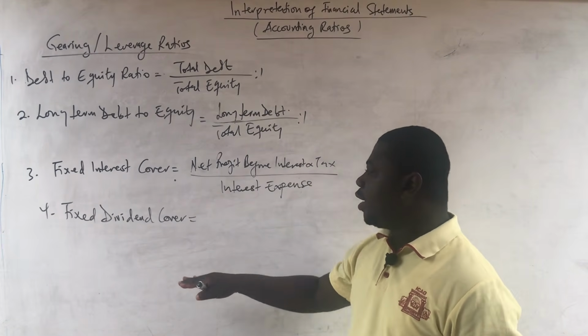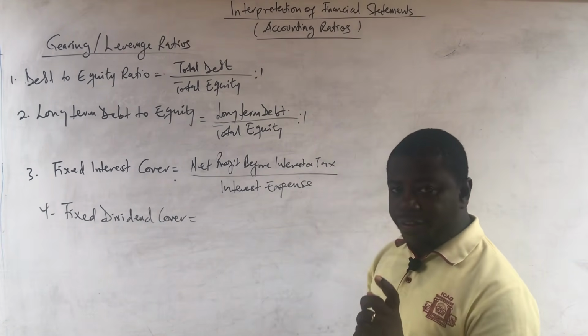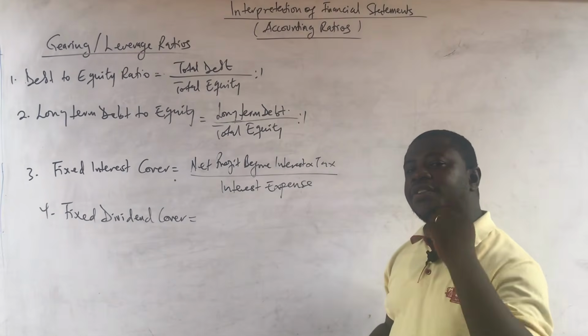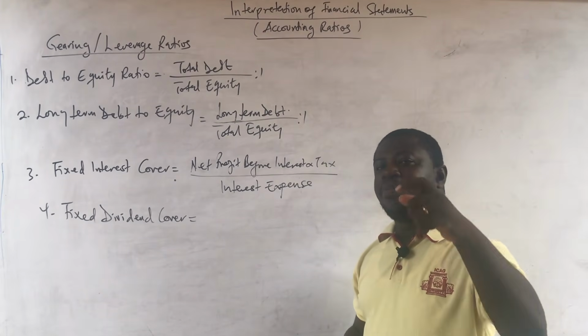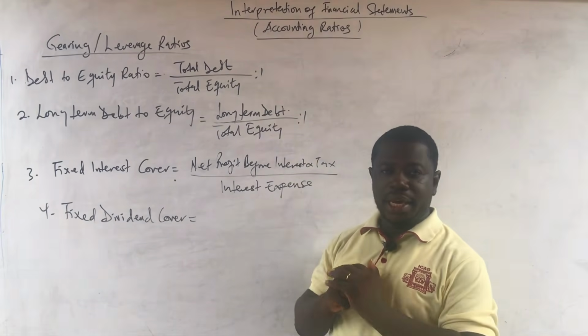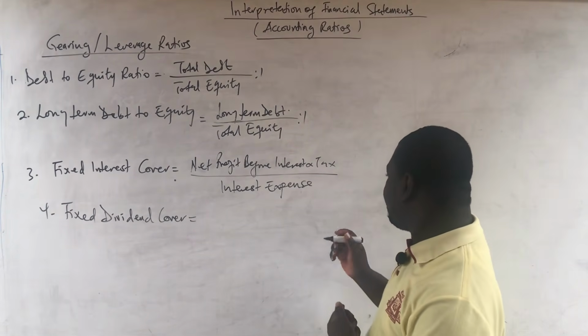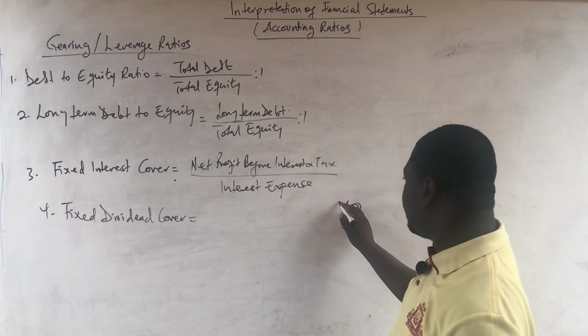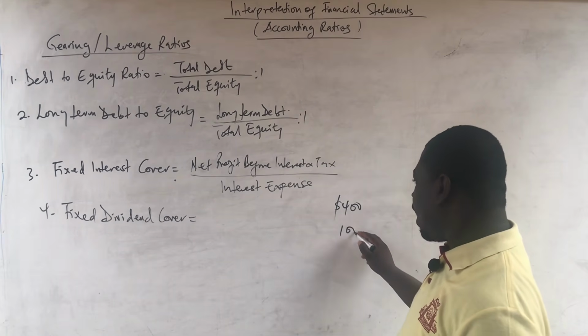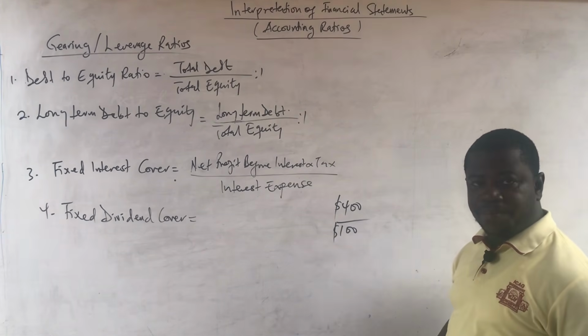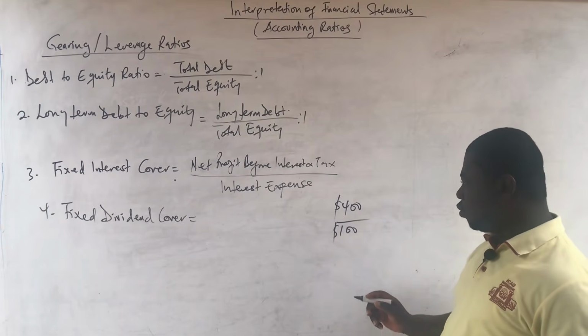So now, the yardstick for the fixed dividend cover is that we ask ourselves how many times the net profit after tax can pay the fixed dividends. If my net profit after tax is 400 and my fixed dividend is 100, how many times can this pay? It will pay 4 times. So we divide.